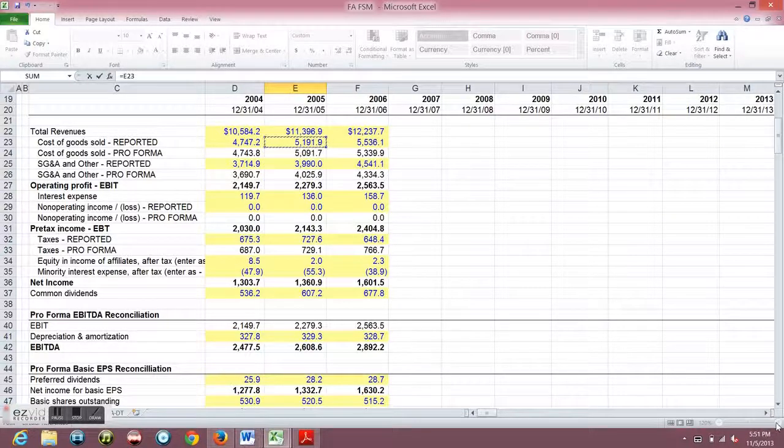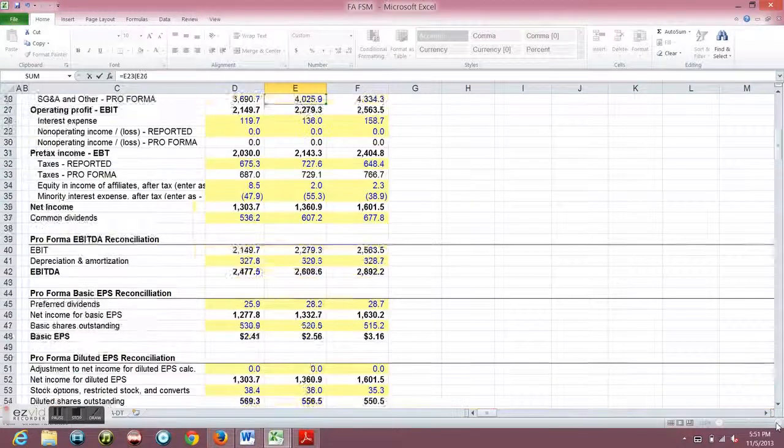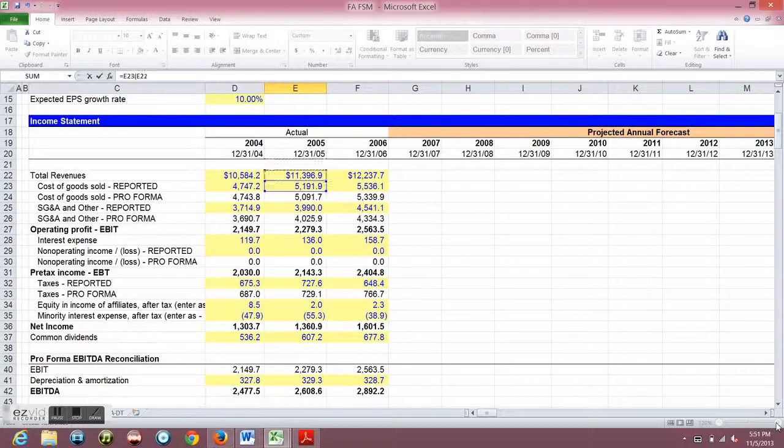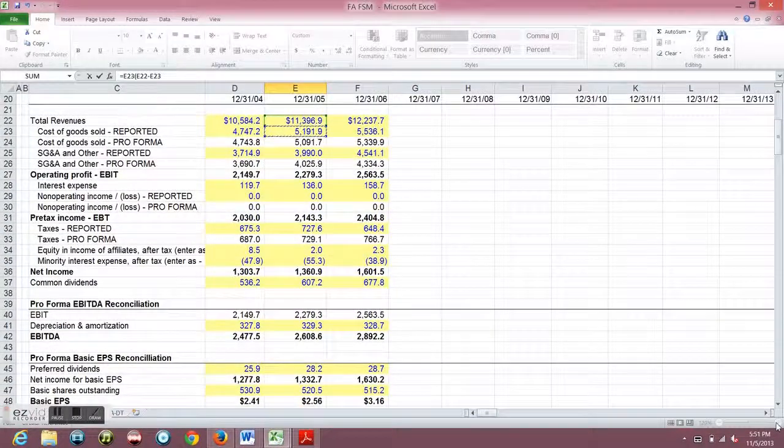So we're going to put a parentheses, total revenues, minus the COGS of that year. Typically the margin is essentially what portion of that revenue is COGS or SG&A, etc. So that's what we're going to do.